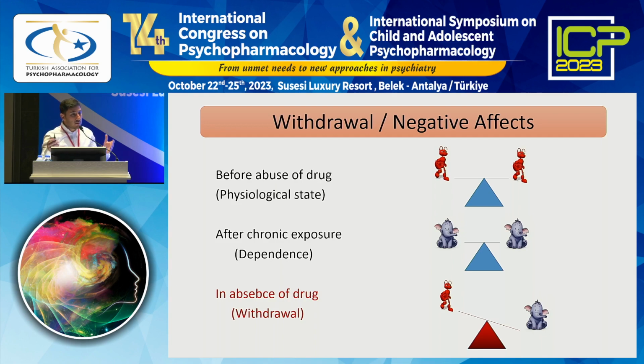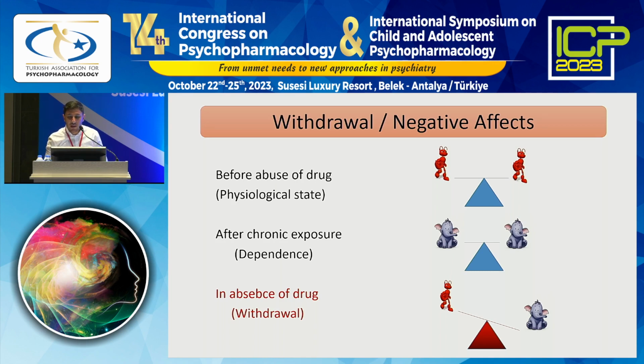Actually, as a summary, we can say that either the individual doesn't abuse any kind of drug, so everything would be in some kind of balance in the brain, or, whenever there is chronic exposure to a substance, the balances are reorganized. So some neuroadaptive changes take place in the brain.